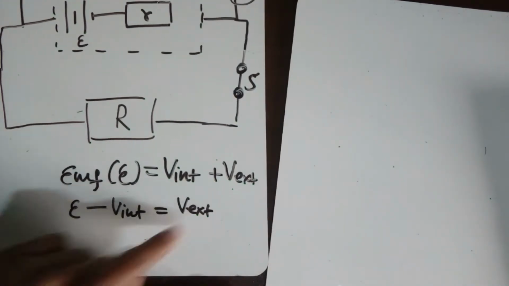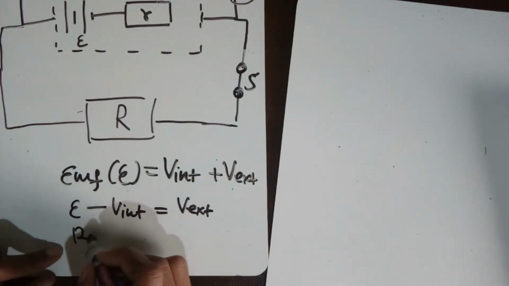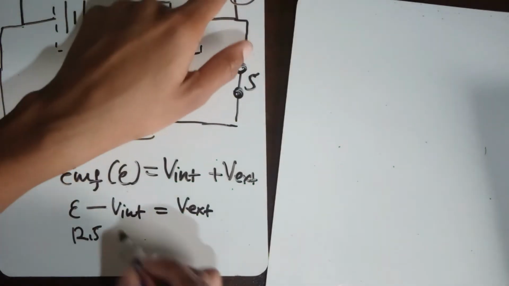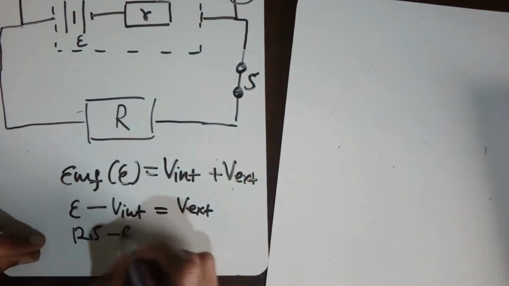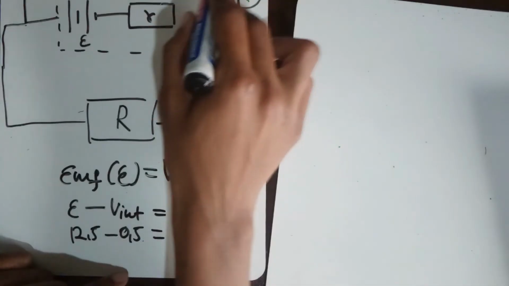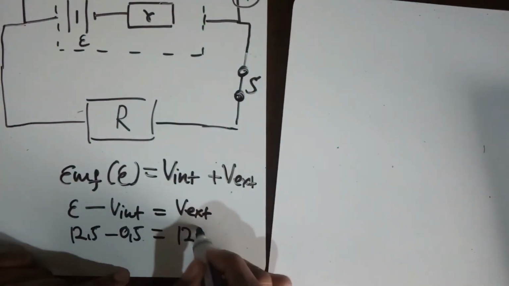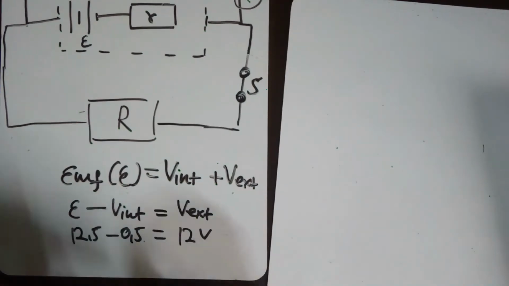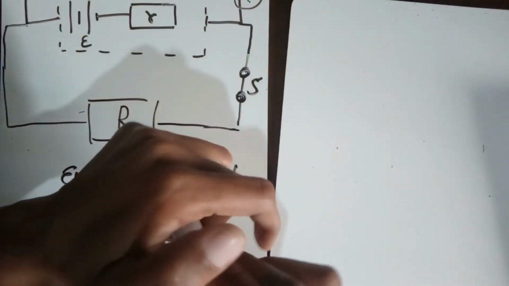The EMF was 12.5, and the internal potential difference was 0.5, which gives us our external, which we found to be 12 volts. So think about it in those terms.